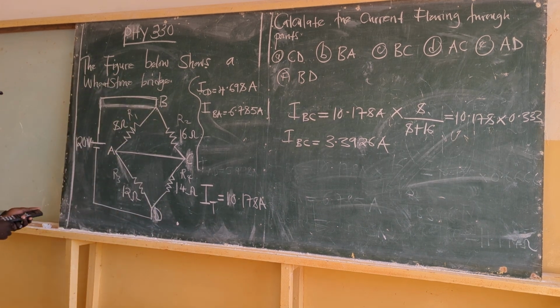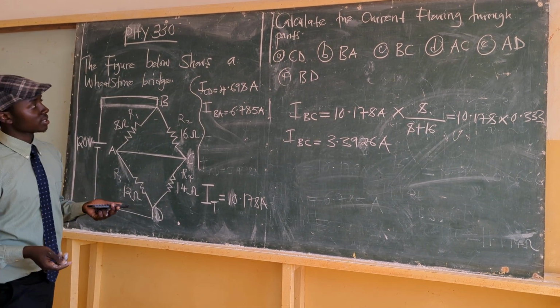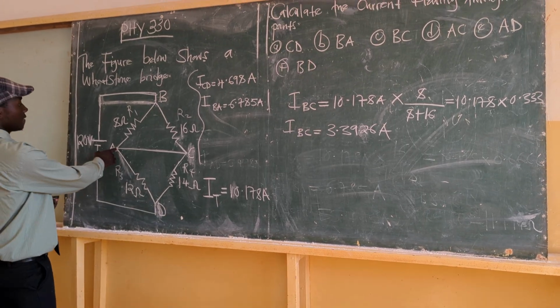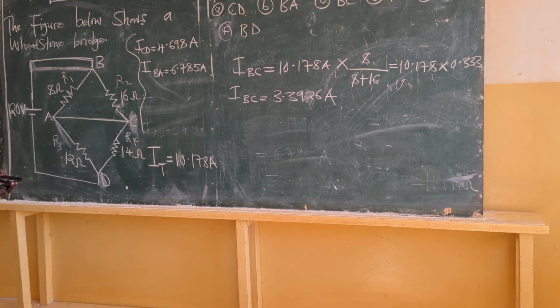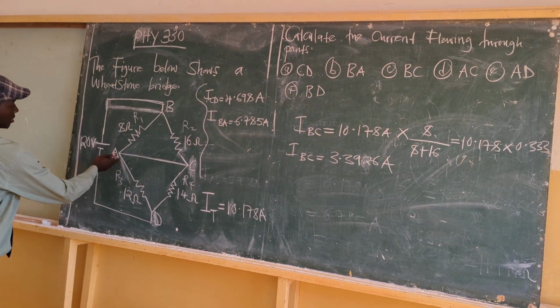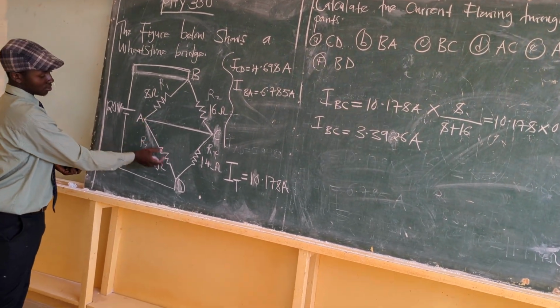I don't want to round up the answers, but we can just leave them like that because we need them to calculate the final solution. So we come to the current of point AC. First, we calculate the current of AD.